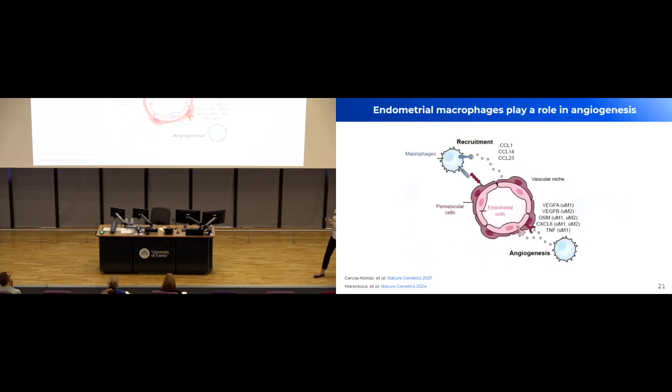In addition, by looking at the interactions and where they are located, we could see a lot of ligand receptor interactions related to angiogenesis, so most likely they are also involved in the proper regeneration and the building of the spiral arteries that you have in the tissue.